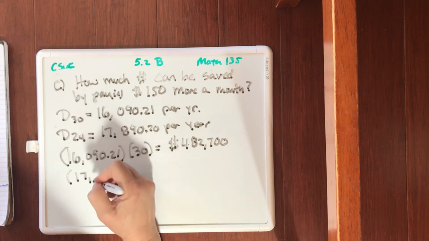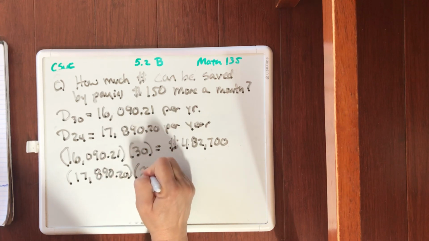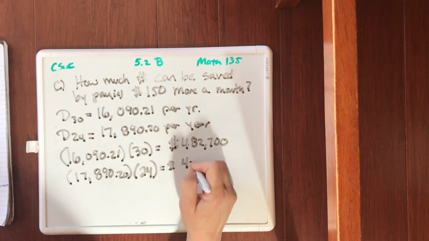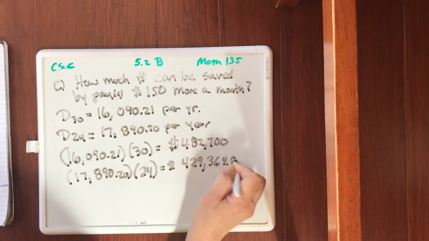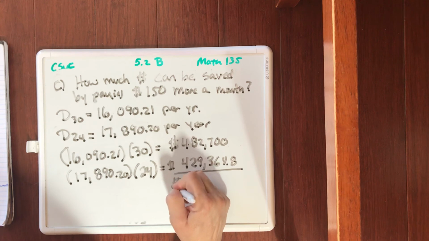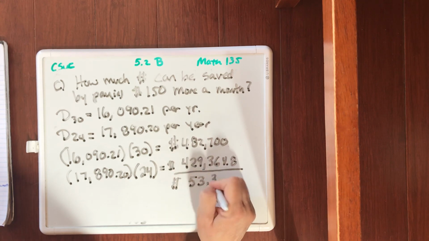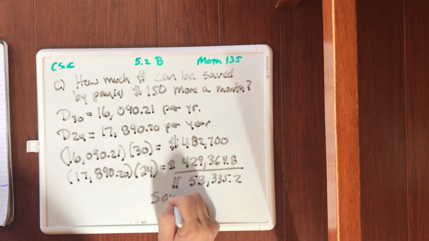And D24 was $17,890, and that was 24 years, so that ends up being $4,029,364.8. When we subtract this, we find out the amount of money that we saved by paying $150 per month: $335.2. That is what we saved.